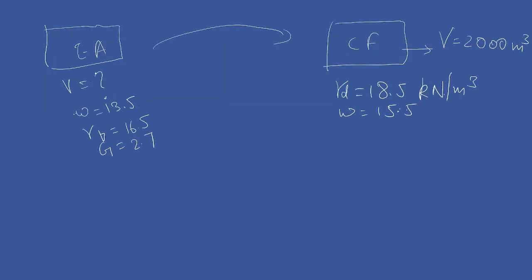The weight of the soil which we are transporting from here to here, the weight of soil at the excavation area, will be the weight of soil we are taking to the compacting field.